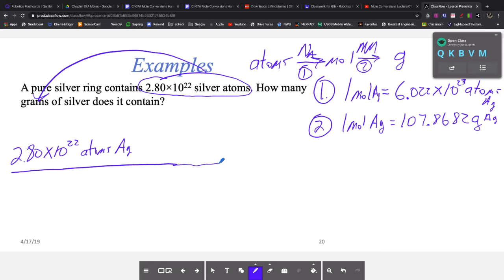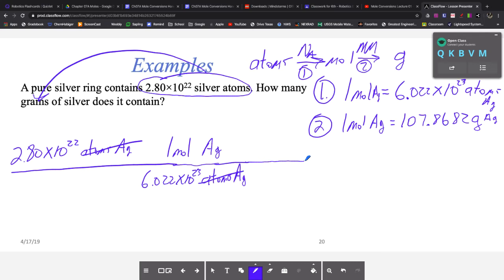So even if we didn't know the order of our conversion factors, the only conversion factor that has atoms in it is the one using Avogadro's number. So we're going to put Avogadro's number on the bottom, so that the units of atoms will cancel out. And Avogadro's number is equal to 1 mole. So the atoms cancel out.